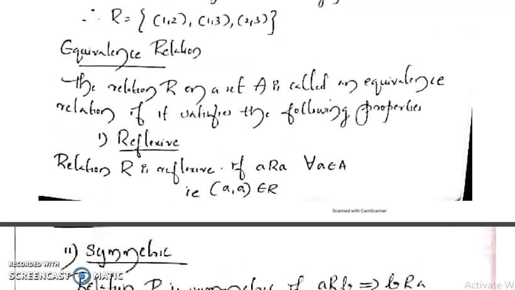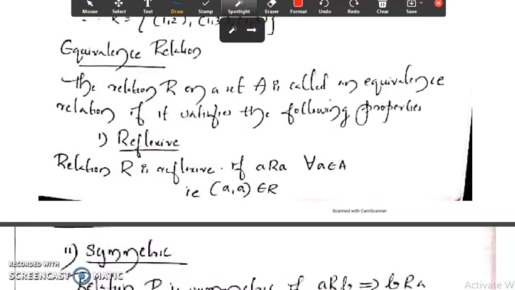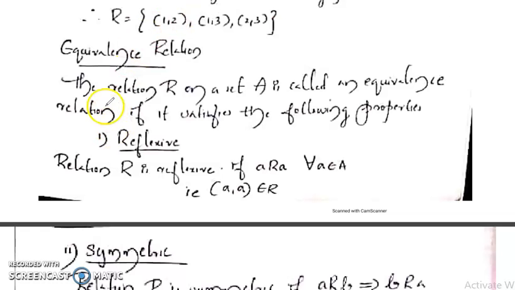So now we will continue with the next definition. Equivalence relation. We are going to learn equivalence relation. The relation R on a set A is called an equivalence relation if it satisfies the following properties.